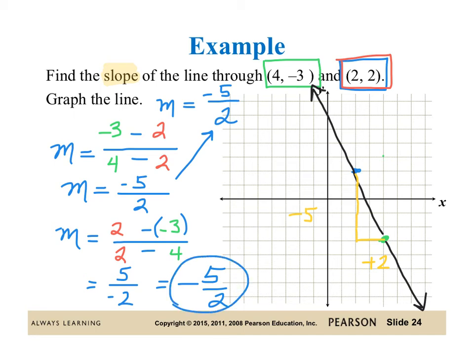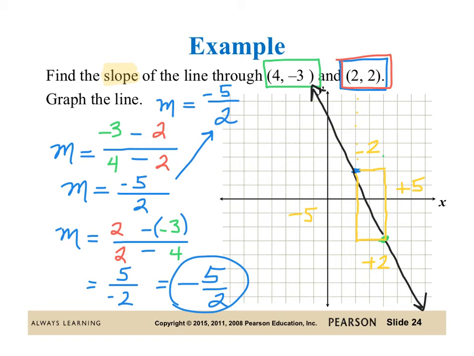And if you wonder why this still works, yes, it does. If you go from the other point, you're going to go up 5 and left 2. So that is still the same slope. If you go from either of these points and go up 1, 2, 3, 4, 5, and left 2, you're still going to be back on the line.